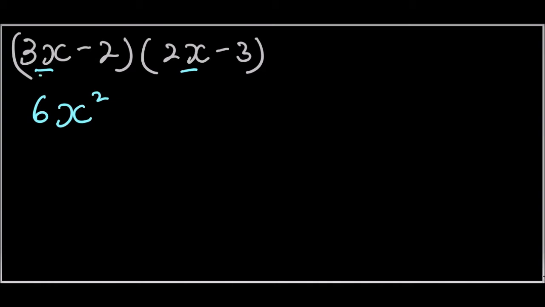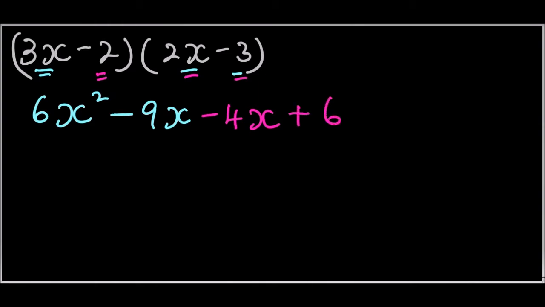Then we multiply 3x by minus 3, and that gives us minus 9x. Then we multiply minus 2 by 2x, that gives us minus 4x. And we multiply minus 2 by minus 3, that gives us positive 6. So that is our expansion.